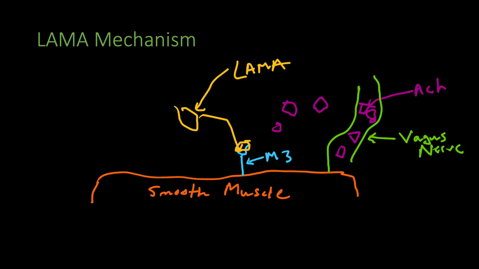So what happens now is the smooth muscle is going to bronchodilate, allowing air to move through the bronchial tubes. That's essentially the idea of this mechanism, and that was pretty much it in this presentation. I just wanted to show you one type of medication class used in treating COPD.